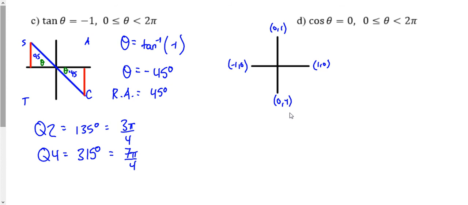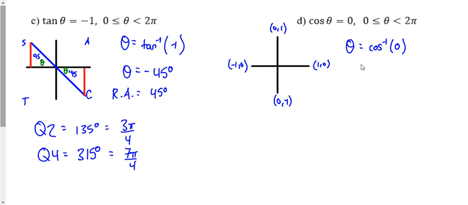And here, where cos theta equals 0, we're in two positions. We're right here, this vertical line right here, which is in two positions. So we can say that we have a reference angle basically of 90 degrees. But theta in this case here, so theta is equal to cos inverse of 0.